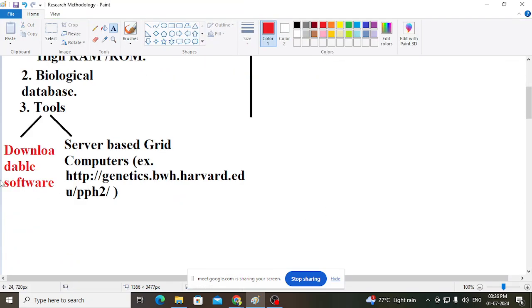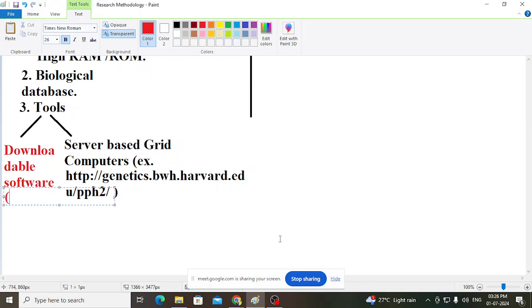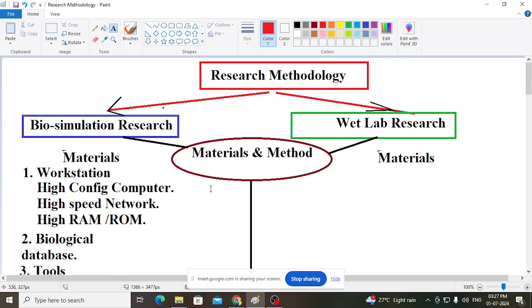We'll give examples like Schrodinger, then examples like Rasmol, etc. So these are mainly the tools and the materials. We'll put a bit of color here on materials, and then we'll come back to methods. So these are again materials.